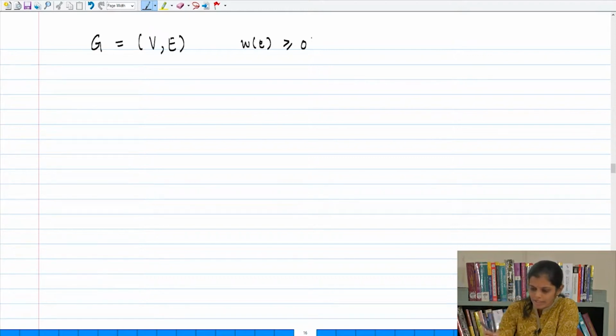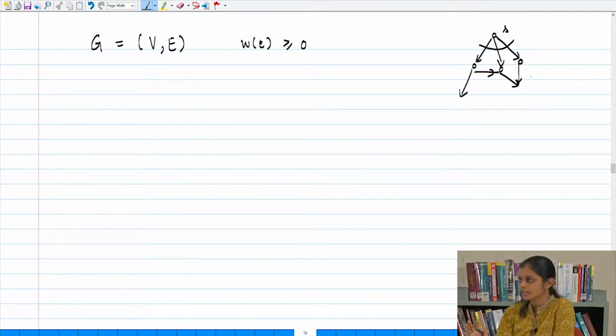There is a small exception: if all the negative edge weights in the graph are incident only on the source vertex S from which you are starting the single source shortest path, then Dijkstra's algorithm continues to work, and you can verify this. All the other edges must be non-negative, either positive or zero weight. Under such circumstances Dijkstra's algorithm still works, but we will assume for this lecture that the edge weights are always non-negative.